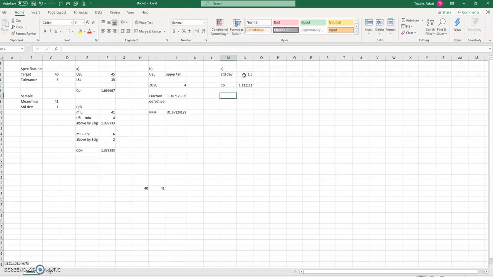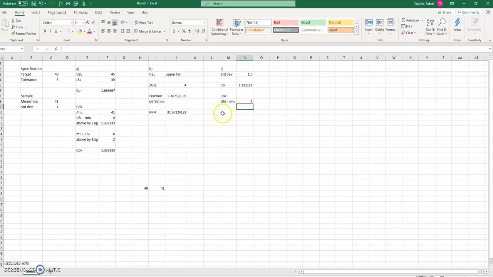That's the CP. The CPK is USL minus mu. The mu hasn't changed, so we can simply copy here this difference. I'm not going to compute again because I have to speed up, as my time is going to finish in 2 minutes.